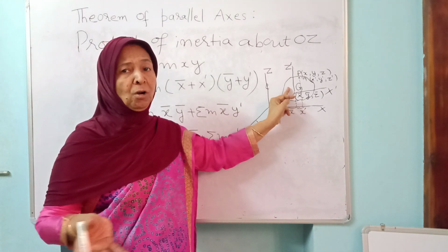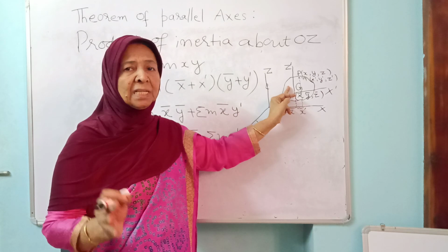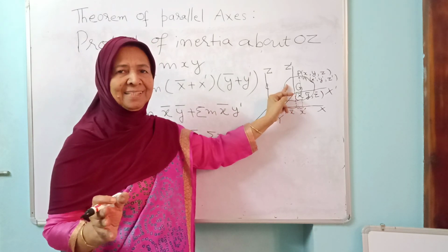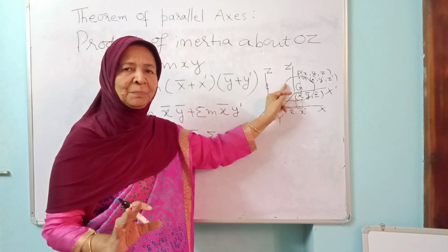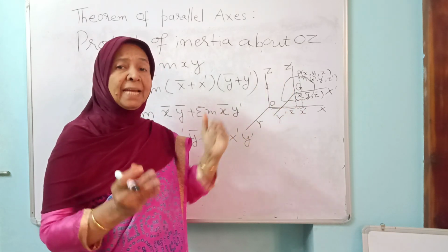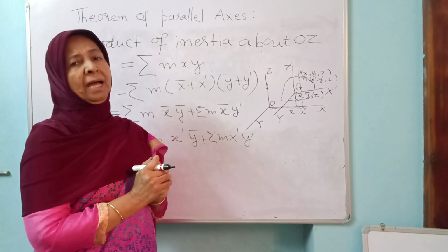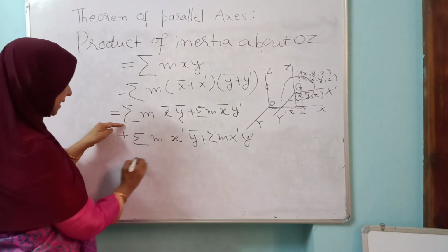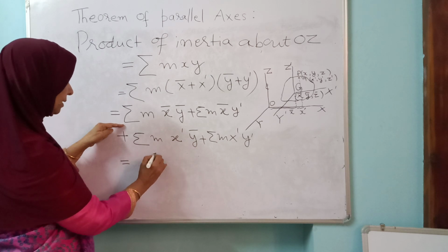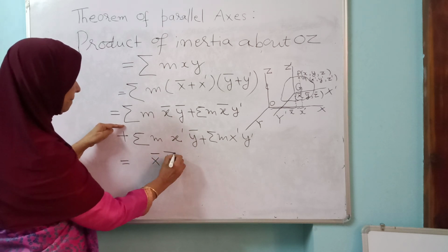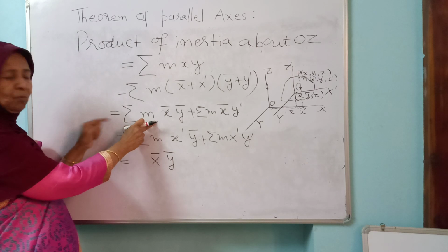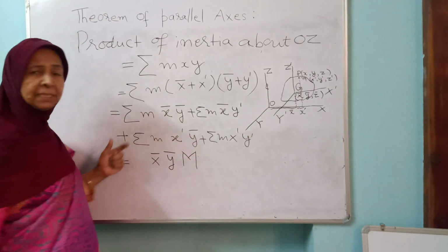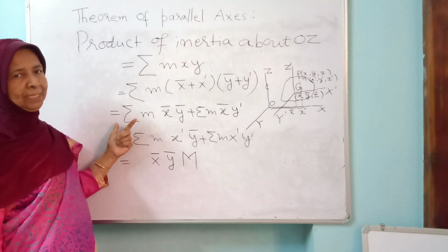So that does not vary with the choice of the particle, and it can be taken outside the summation. So here you can take x bar y bar and then summation M, which is the total mass of the body.